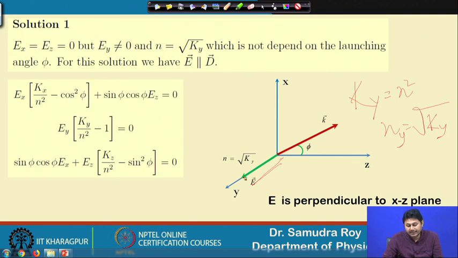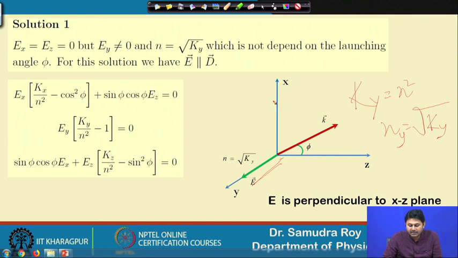Second, very important thing: even though I am launching the k not in the z direction but in any arbitrary direction, the electric field along the y direction will still be perpendicular to the k vector. That means I am launching the k vector along the z direction and we find that the electric field along y is perpendicular to the k vector in an anisotropic medium, which is normally not the case.